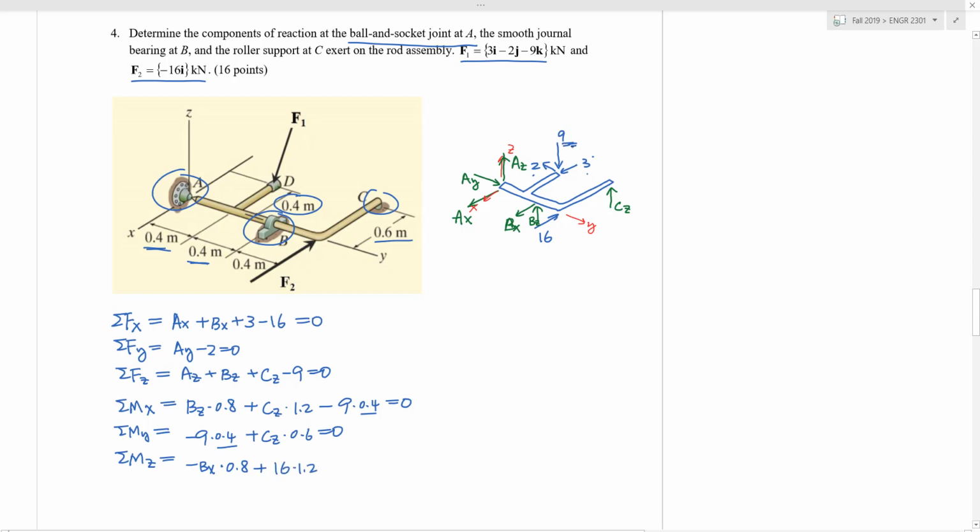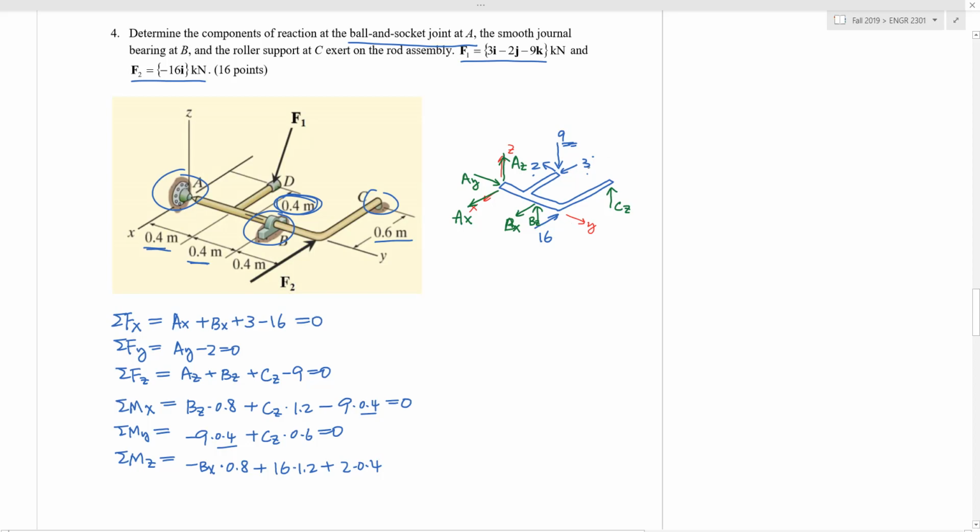Okay, the 9 kilonewton force parallel to z-axis, no moment. The 2 kilonewton force creates counterclockwise moment about the z-axis with a moment arm of this 0.4 meter plus 2 times 0.4.